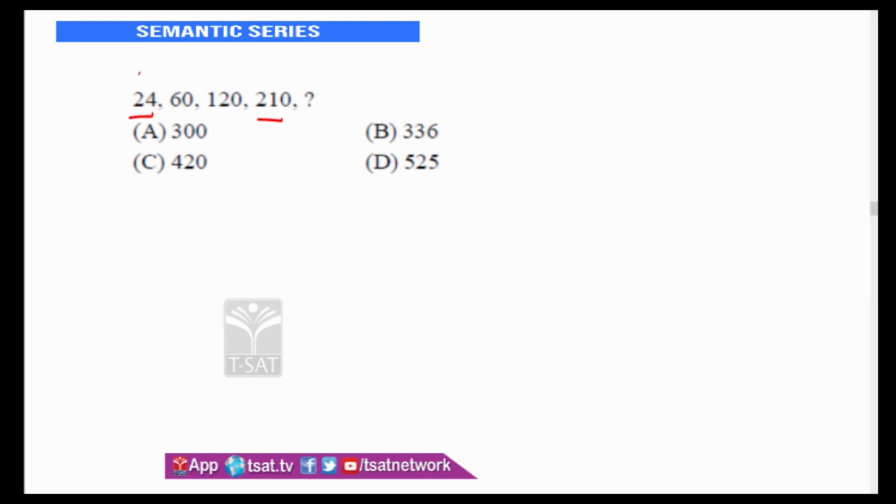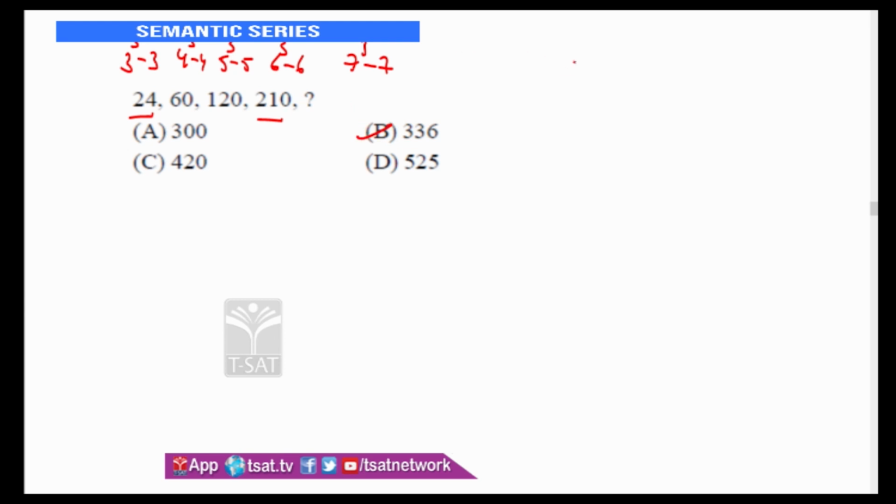I can write 24 like 3 cube minus 3, 60 as 4 cube minus 4, 120 as 5 cube minus 5, 210 as 6 cube minus 6. Obviously the answer will be 7 cube minus 7.